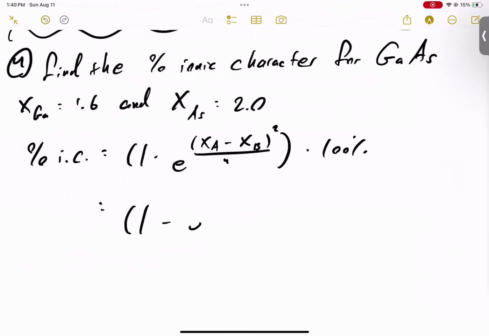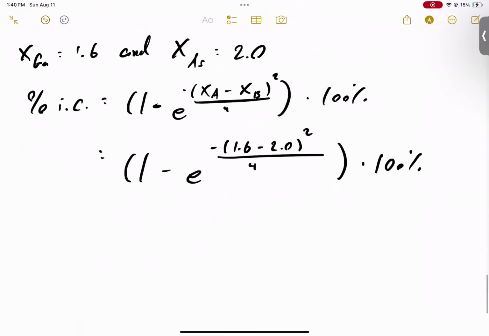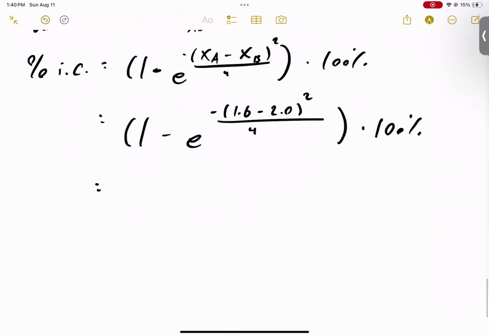Oh, that should be raised to a negative exponent. So that's negative, 1.6 minus 2.0. It doesn't matter if you do 1.6 minus 2.0 or 2.0 minus 1.6, because that's raised to a second power, so it just becomes positive in the end. Divide by 4, multiplied by 100%. If we plug this into our calculator, we should get a final value of 4%.